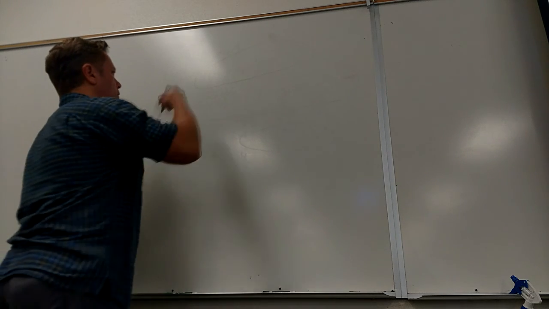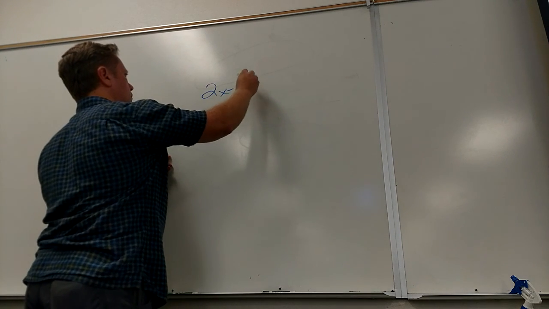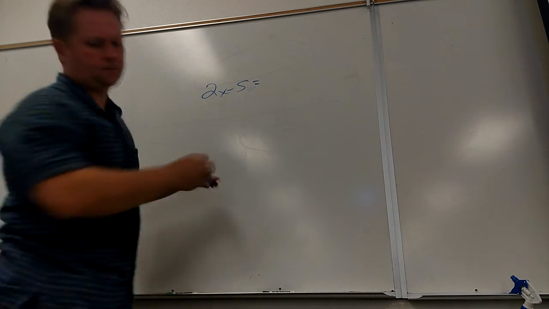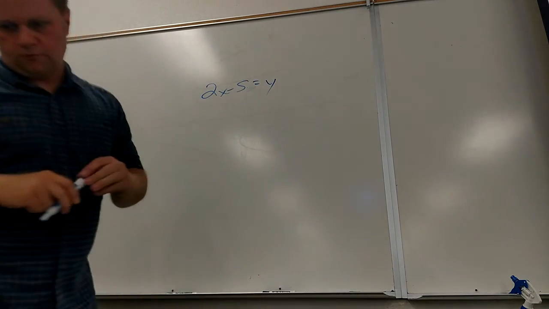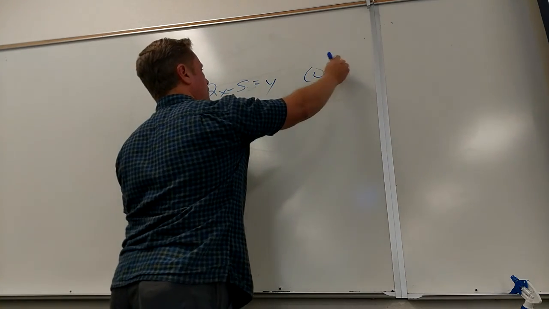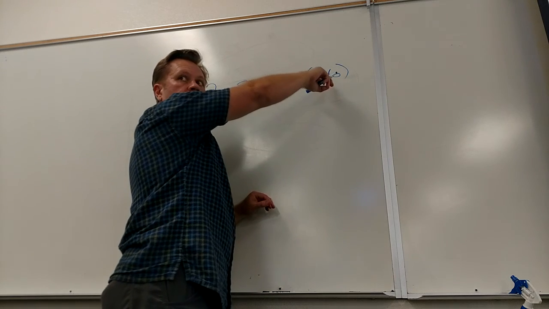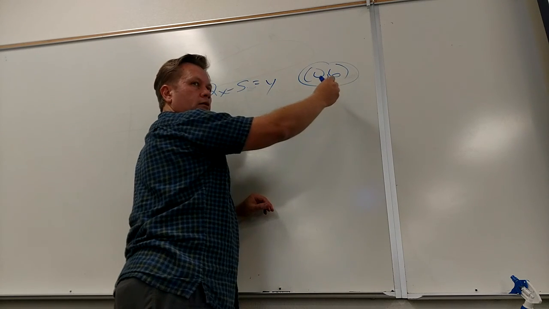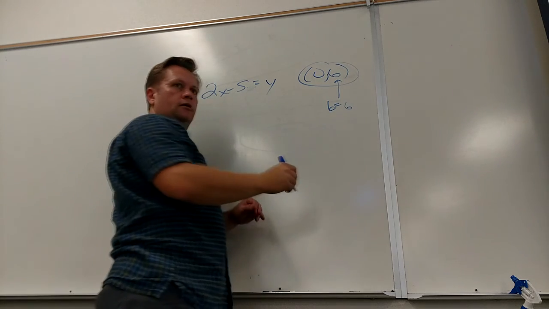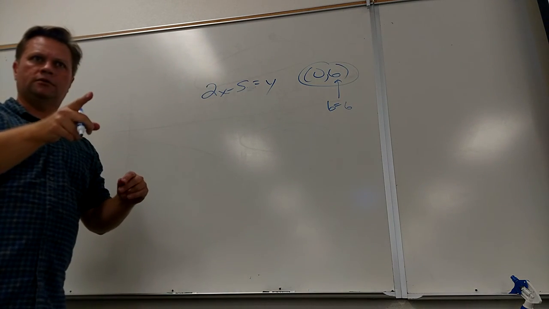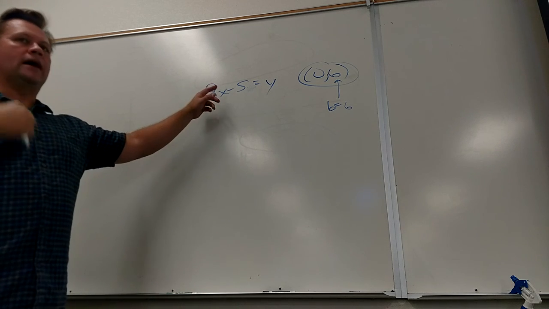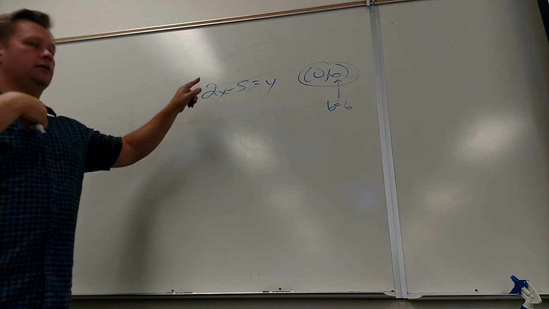So it's got to be perpendicular to this line. What was it now? This one says it's got to be perpendicular to this line and have this y-intercept. What does this tell me? B. So I know B is 6. I know my line is perpendicular to this line.